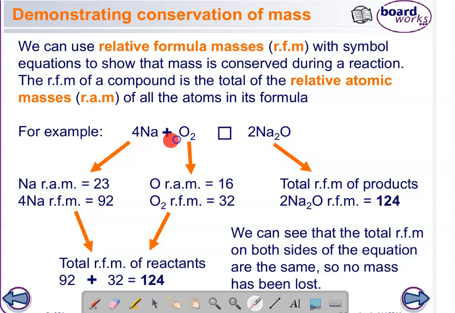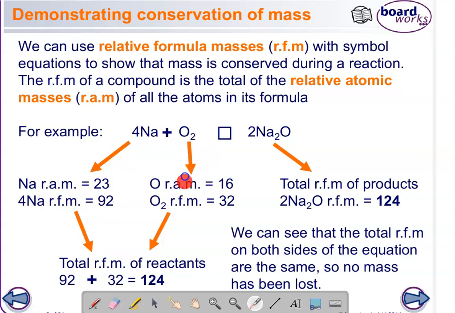So let's look at this particular example. We have sodium reacting with oxygen to give us sodium oxide. First of all, we have to calculate the relative formula masses on the left side, and so we will need the relative atomic masses. The relative atomic mass of sodium is 23, and so we have 4 lots of sodium, multiply it by 23, you get 92.